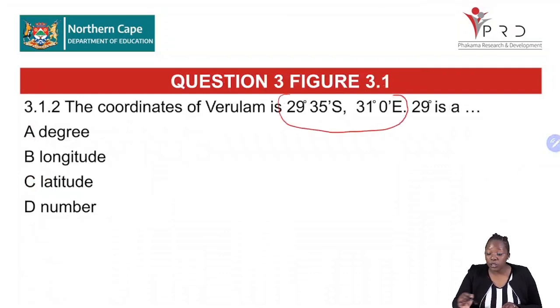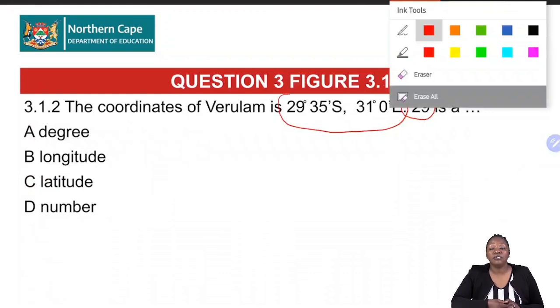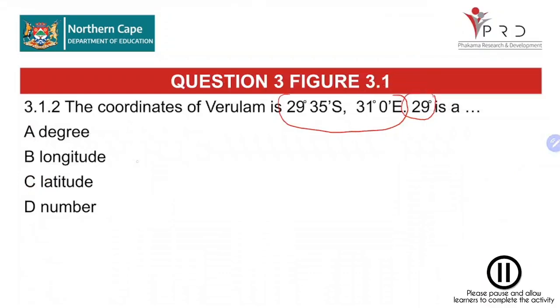But now the question is asking about this 29 degrees. Is it a degree? Is it a longitude? Is it a latitude? Or is it a number? So again, I'm going to give you 1 minute, and then after 1 minute, we will be able to proceed to the corrections.